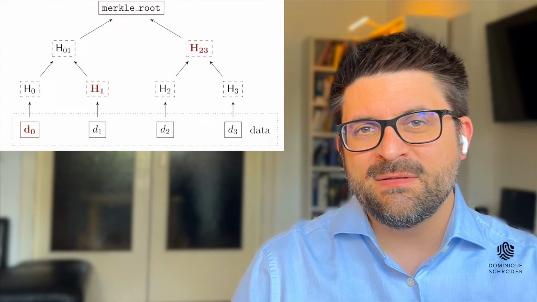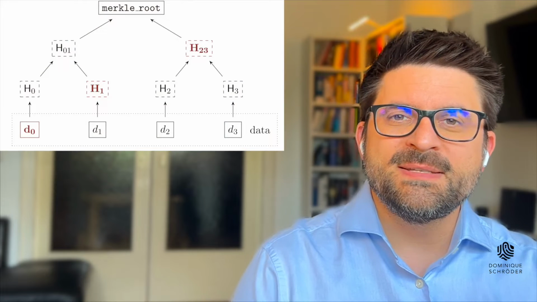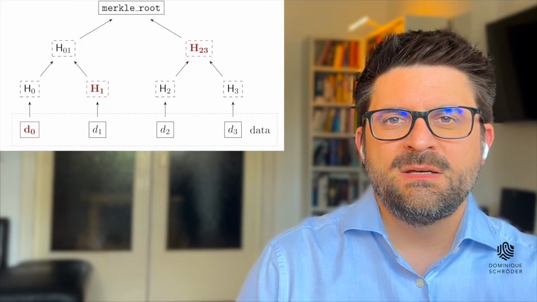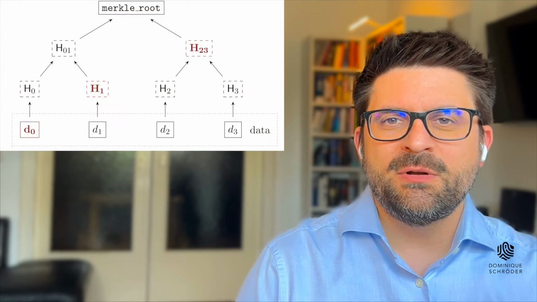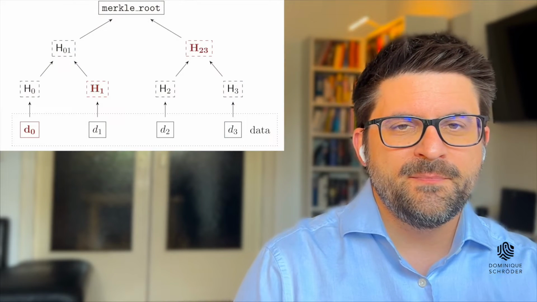Instead, with this beautiful construction of a Merkle tree, what you will do is reveal everything that is necessary in order to compute a verification path. So what is a verification path? Well, let's take a look at this example here. There is the element for which we would like to prove that it is part of the tree. So what do we need to publish in order to compute the verification path?